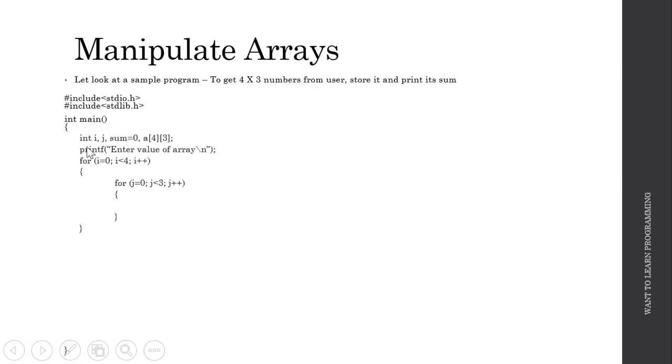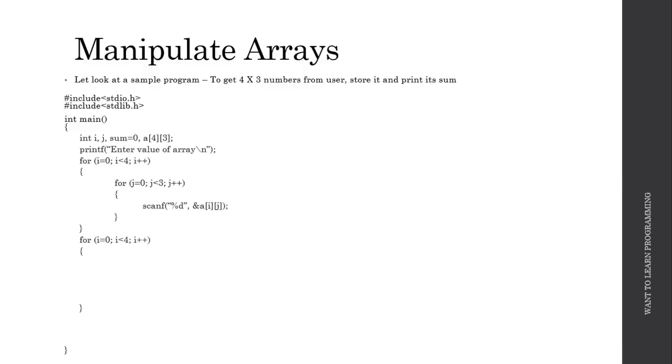The external i for loop is for the row and the internal for loop is for the column value. scanf("%d", &a[i][j]). So the i value here will be the row value and the j value will be the column value. This snippet is used to store numbers received from the user in the array.